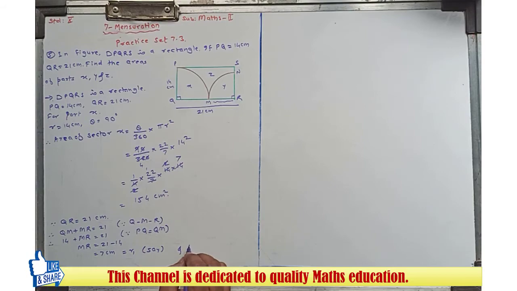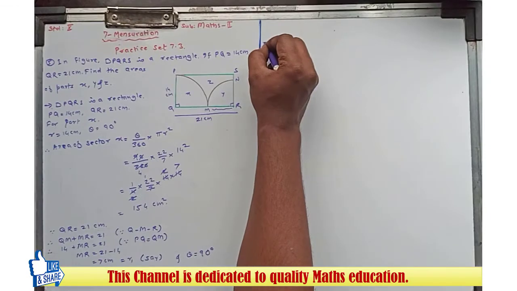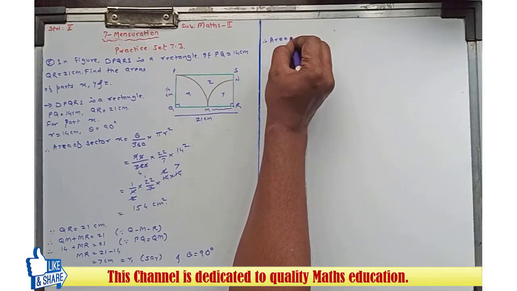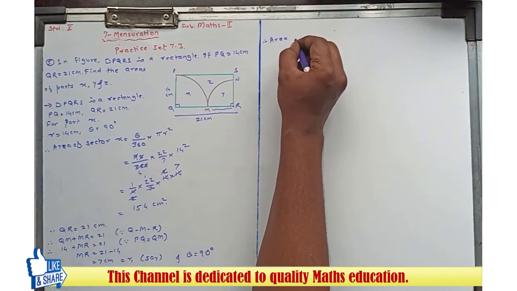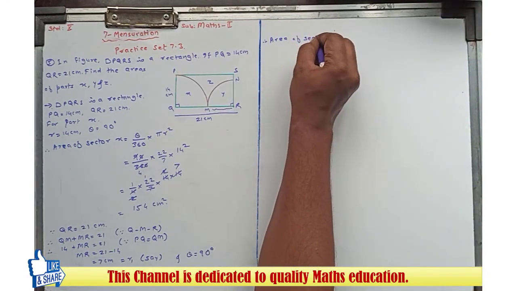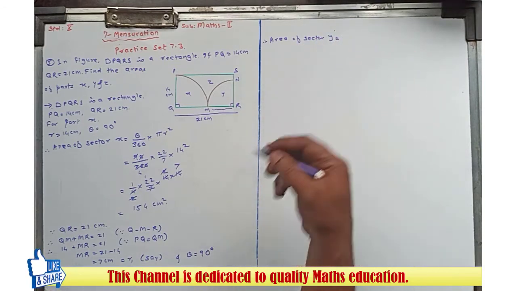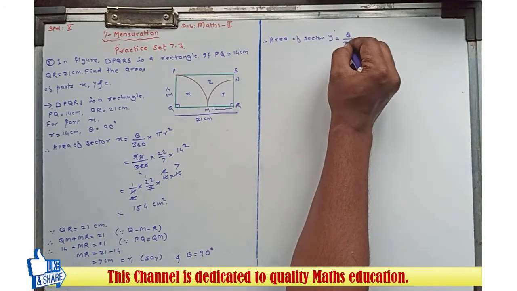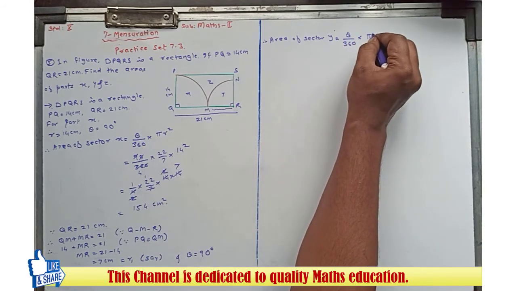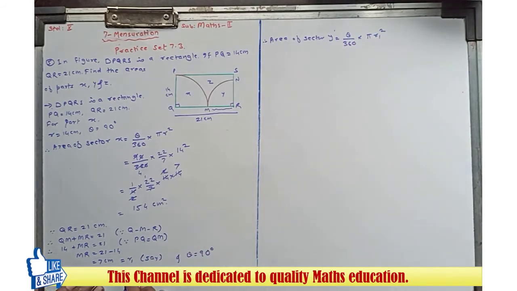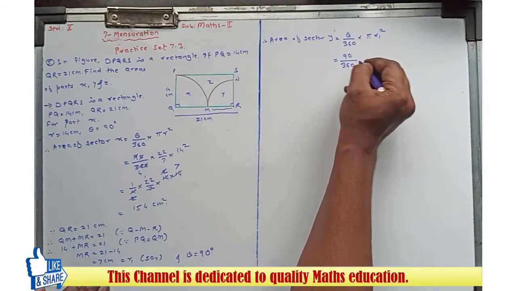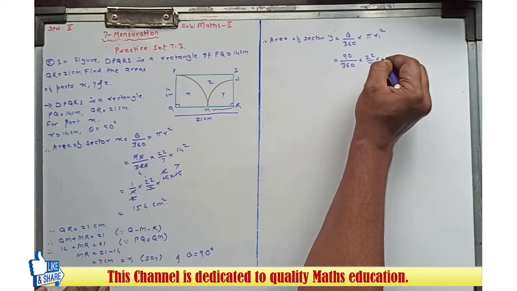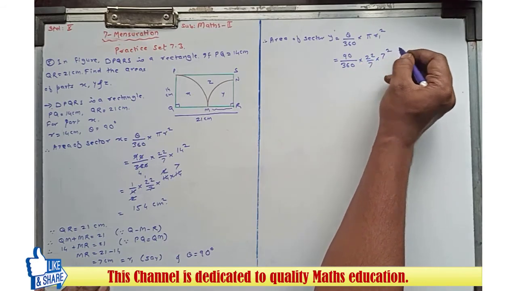And theta is equal to 90, it is common for sector Y, and therefore area of sector Y is equal to, formula is same, theta upon 360 into pi r1 square. We denote that radius by r1, that is equal to 90 upon 360 into 22 upon 7 into 7 square.